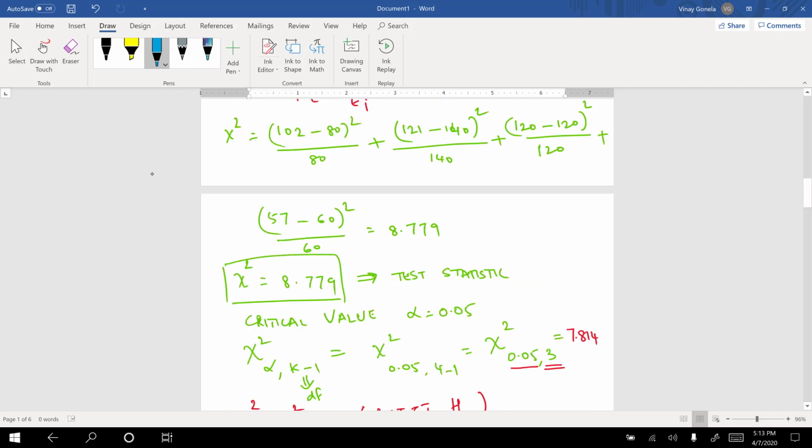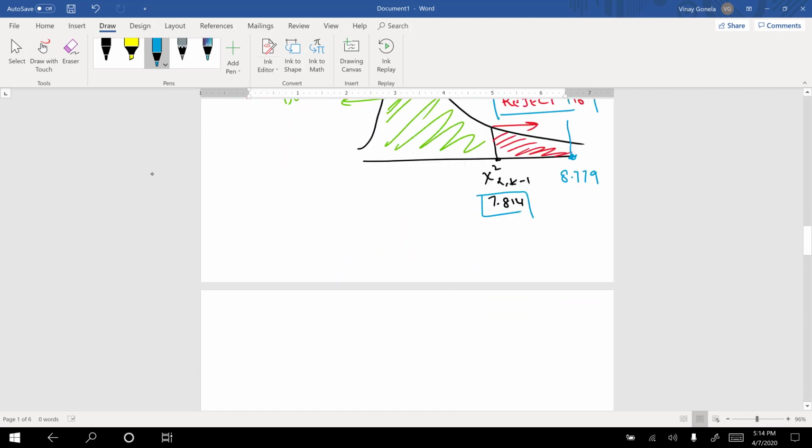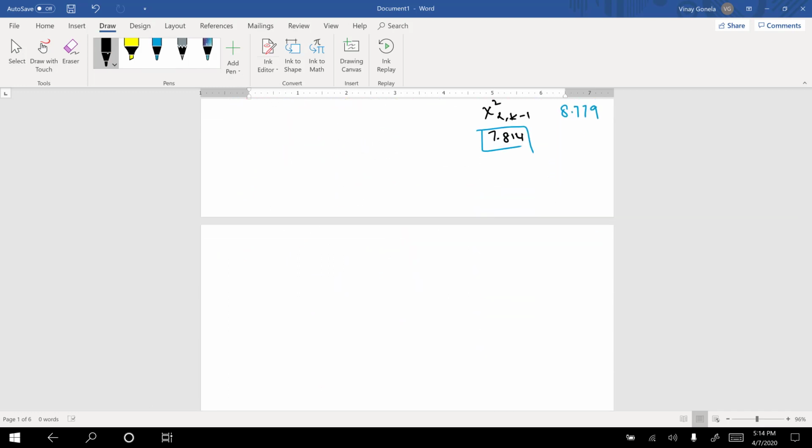So I will try to solve this problem using our calculation aids, and I will try to note down the values. The first thing we need to note down is our hypothesis.